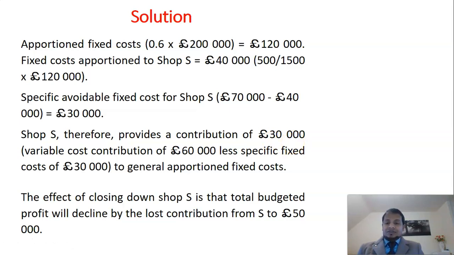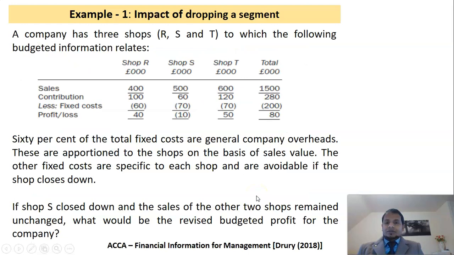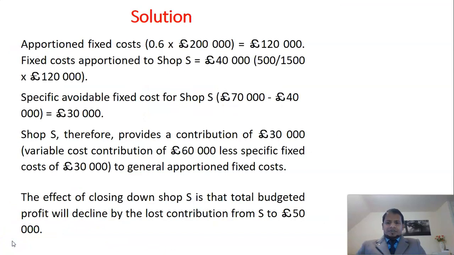All right. So the effect of closing down shop S is that total budgeted profit will decline by the lost contribution from S. So what will happen?